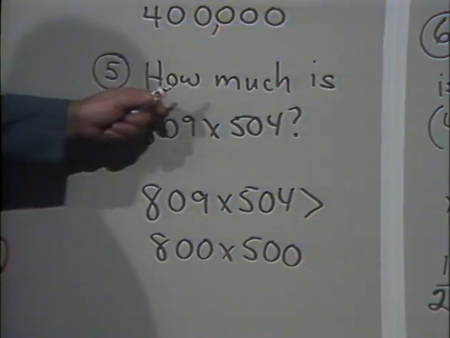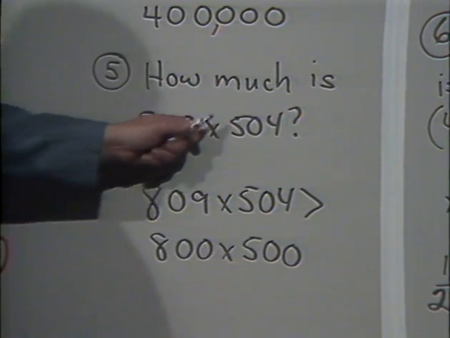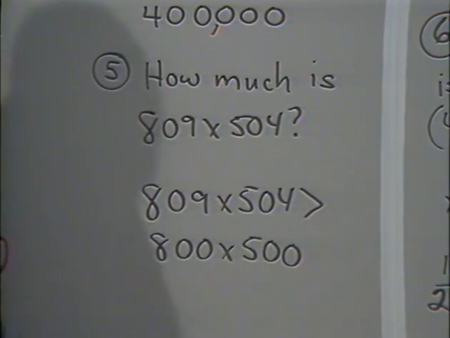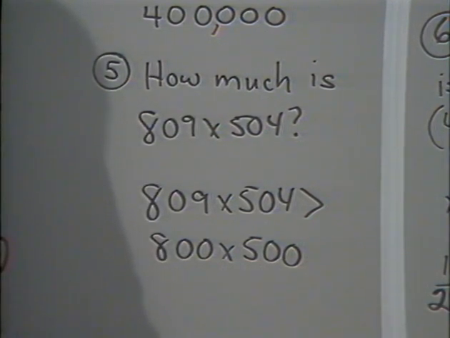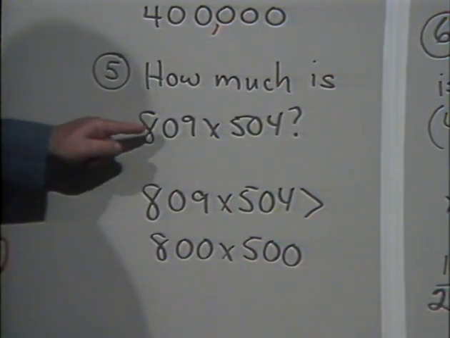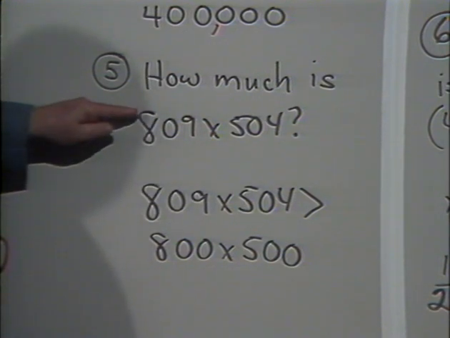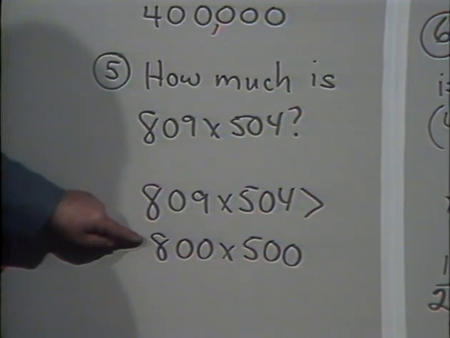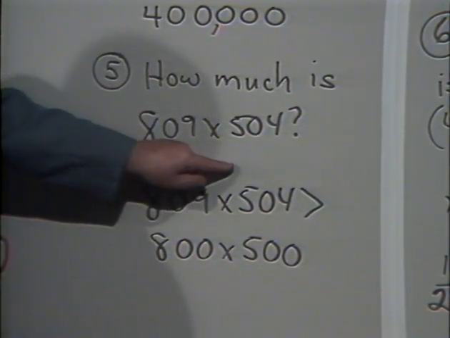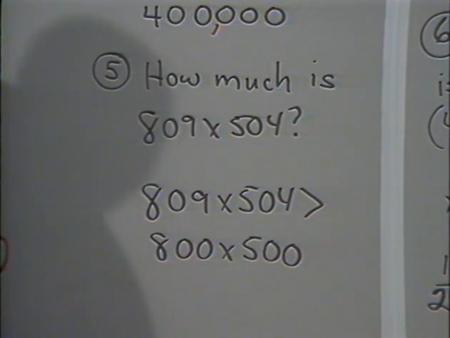The next exercise says, how much is 809 times 504? People sometimes have trouble keeping track of zeros. I'm going to show you an easy way to do this. Before you even start this problem, you say, look, 809 times 504, whatever the right answer is, 809 is a little bit bigger than 800. And 504 is a little bit bigger than 500.